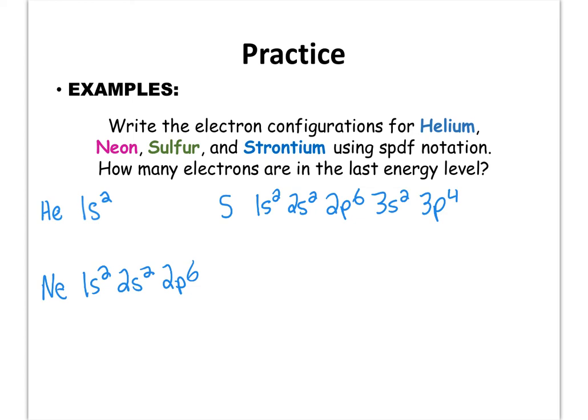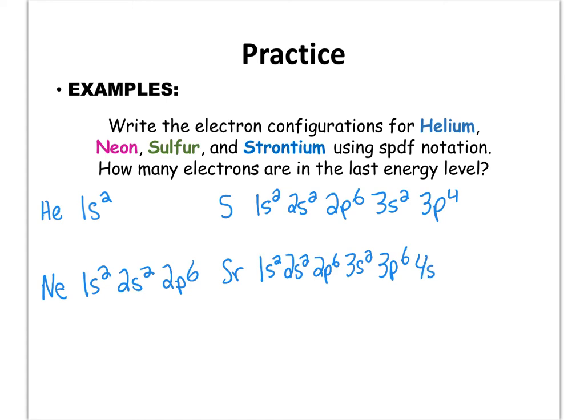Okay, so the last example we're doing here is strontium. Strontium is a little bit further down the table here. It's element number 38. So we're going to have to go a little bit further. So we have 1s2, 2s2, 2p6, 3s2, and this time we will have 3p6. That'll take us up through element number 18, but you got to keep going here.